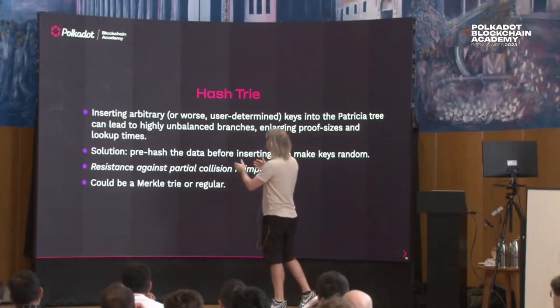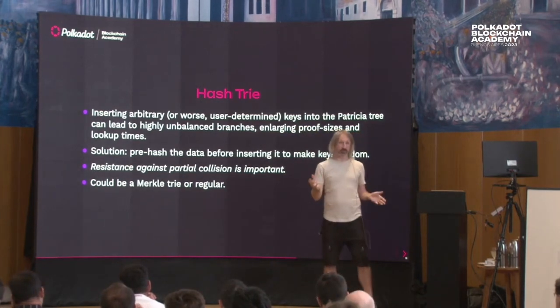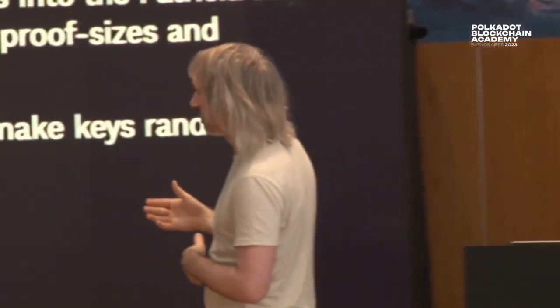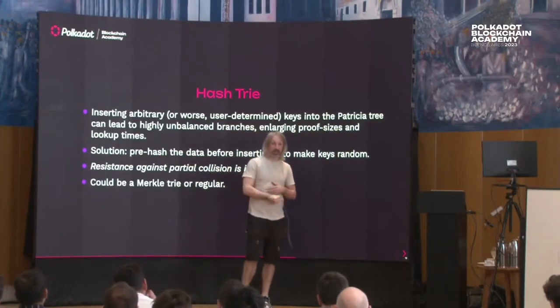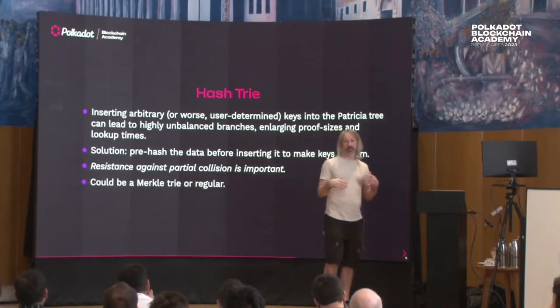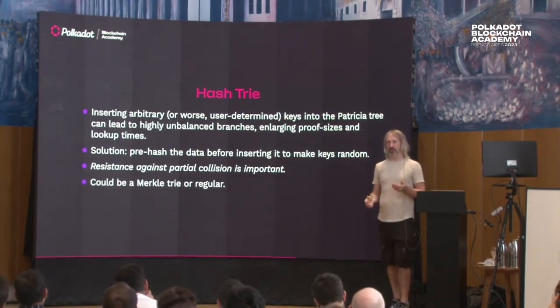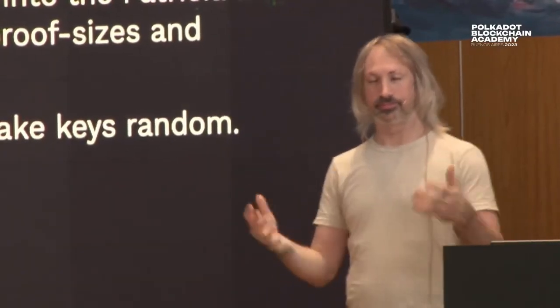How do we make the keys more likely to be uniformly spread, and therefore the tree to be more balanced? Well, one way of solving it is to pre-hash the keys. So instead of there being any old data in the keys, there is now strictly random data in the keys, right? Uniformly spread data.